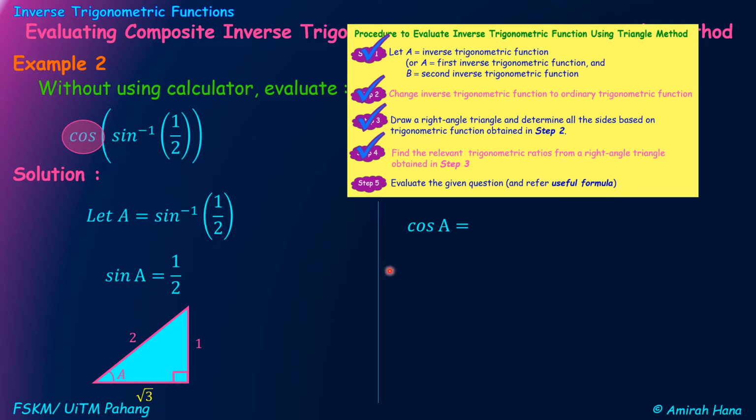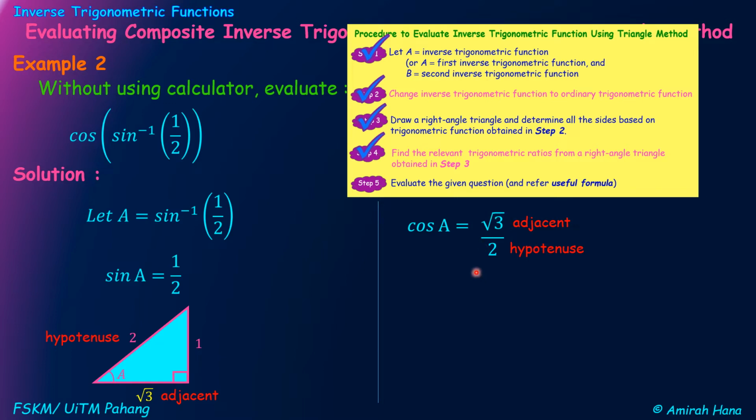So cos A from the right angle triangle equals root 3 over 2. Root 3 means adjacent and 2 means hypotenuse, so we have cos A equals adjacent over hypotenuse. That's why we get root 3 over 2.